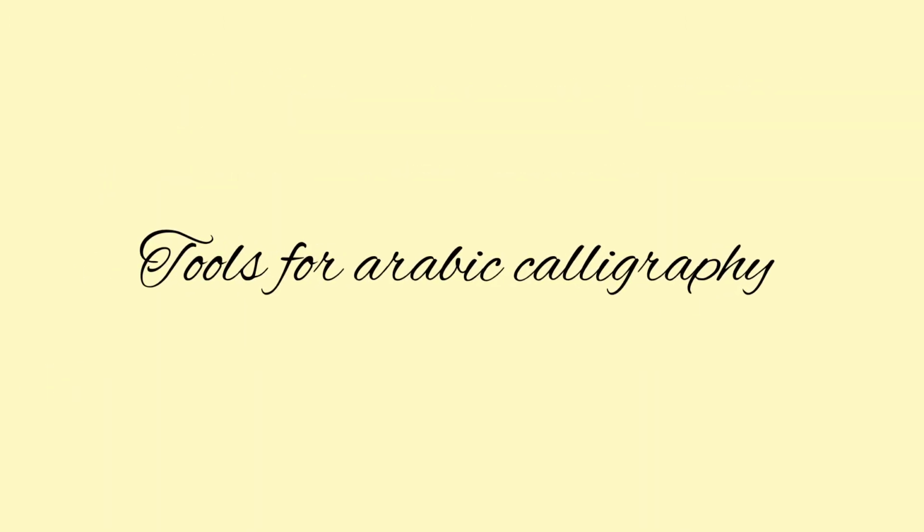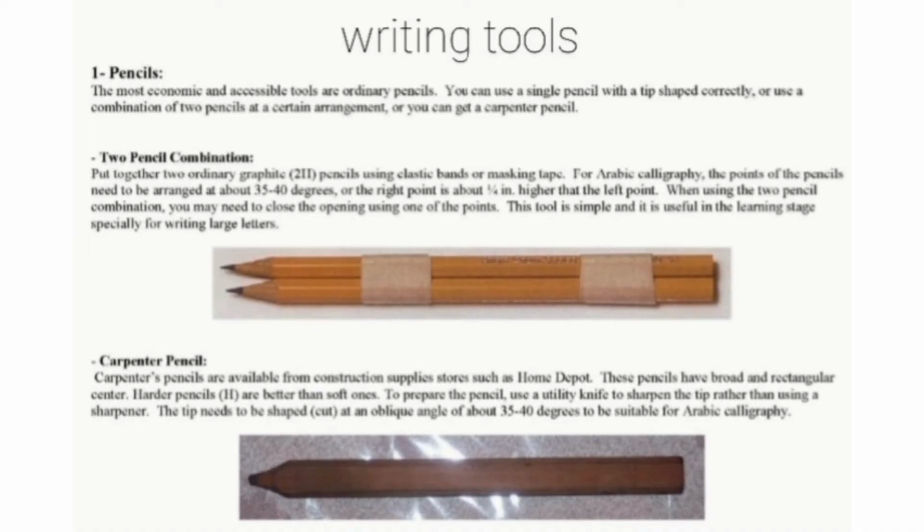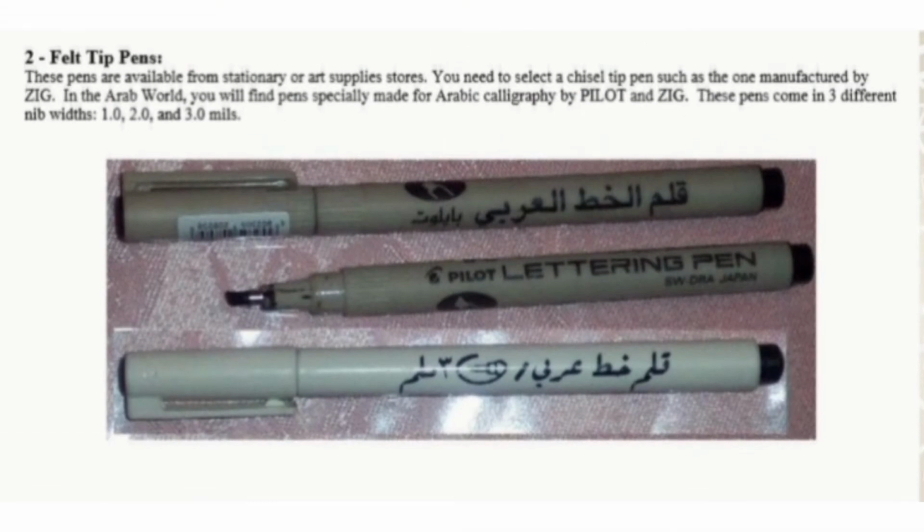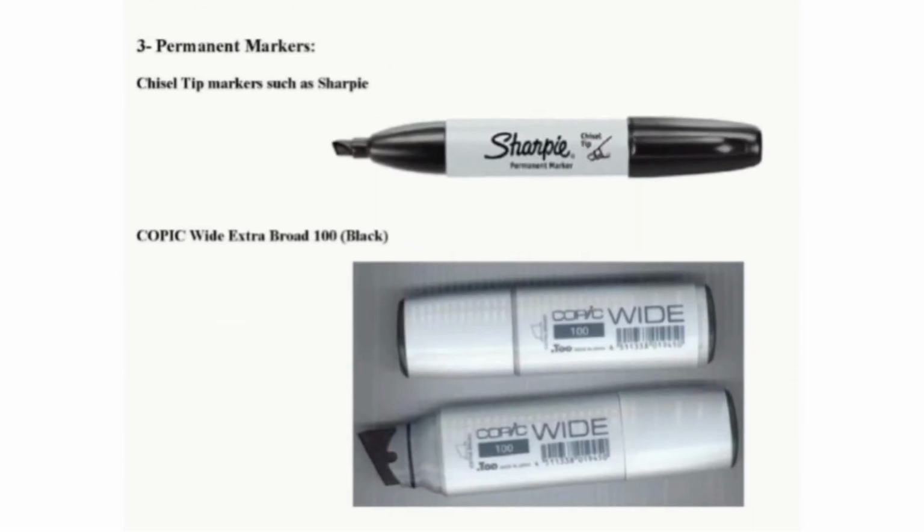The second step in learning Arabic calligraphy is to know about the tools and the materials used. First among the tools are the writing tools, in which different materials can be used, like double pencils, felt pens, which are available with 3 different nibs, 1, 2, and 3 mm, and permanent markers, which are available in broad nibs and must be of chisel tip.